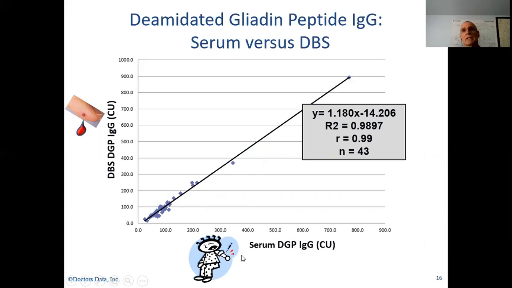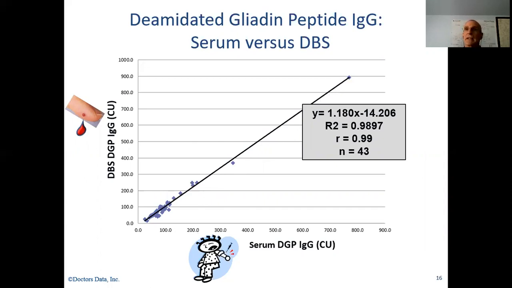Now, this test is so valid from the dried blood spot that it is currently incorporated into a huge prospective study of celiac disease in high-risk children, that is with first-degree relatives with a diagnosis of celiac disease.